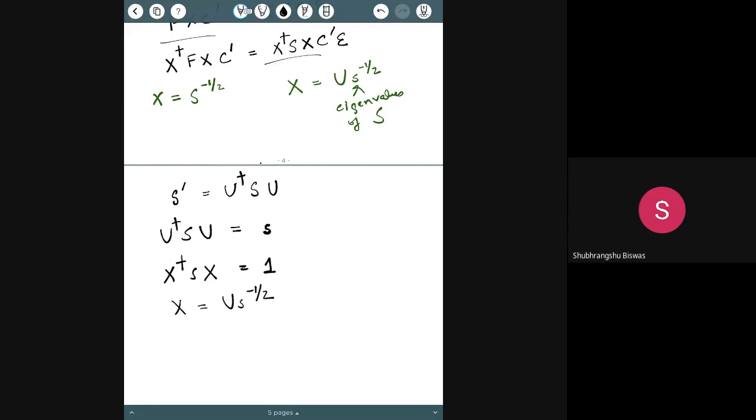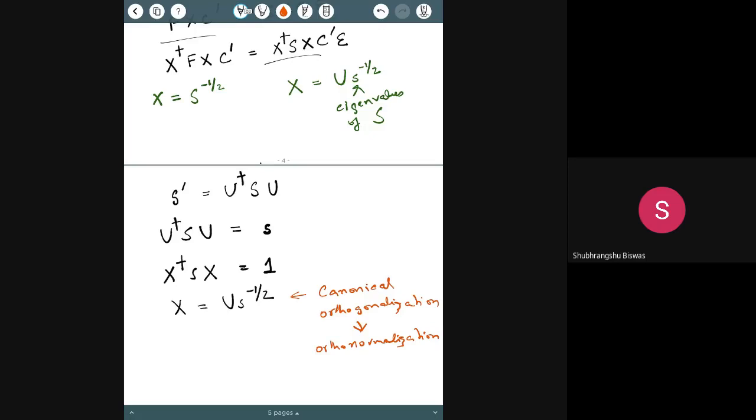Then this would become a unit matrix. So this choice is called canonical orthogonalization, which is in effect orthonormalization. And this is actually the smart way of doing things.